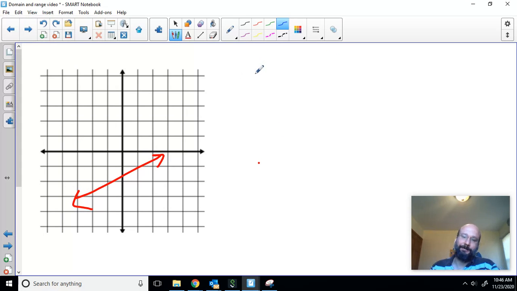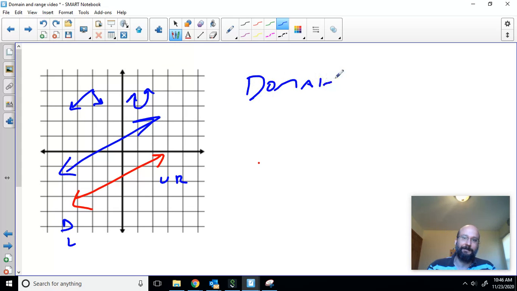So this is the exception. You might see it, you might not. It's where it's just a line, right? If I see this arrow's going down and to the left and this arrow's going up and to the right, it doesn't end either way. It's not something that looks like this or this, right? It's going straight up and down like this. It's when everything, your domain is all real and your range is all real.